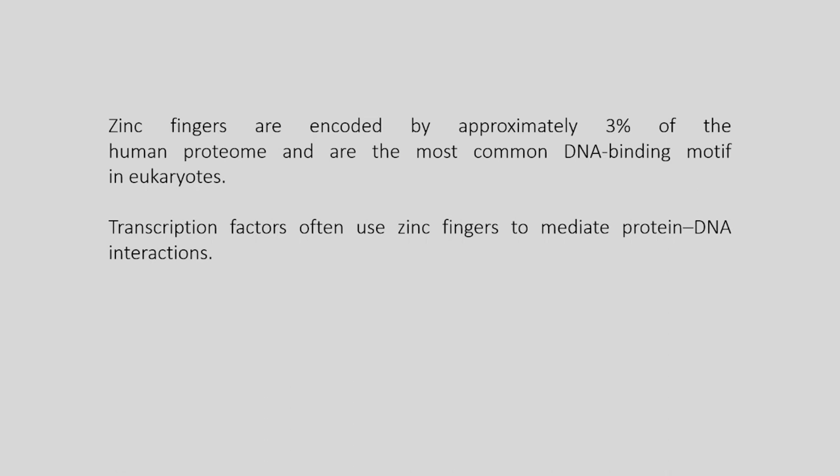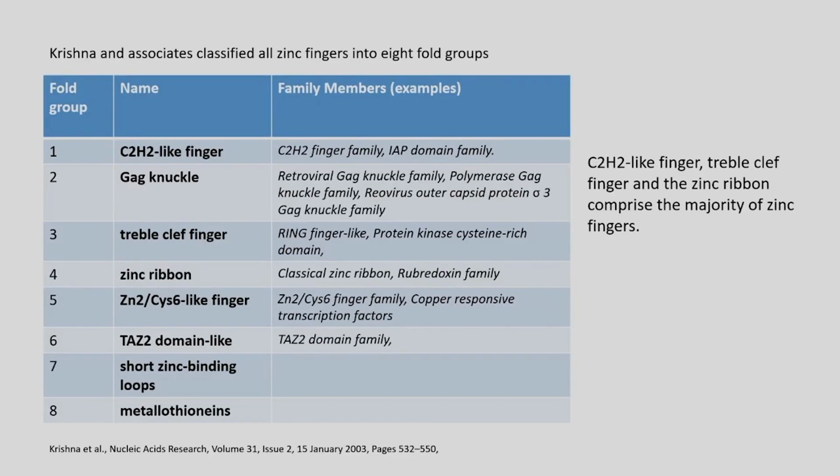Transcription factors often use zinc fingers to mediate protein DNA interactions. Krishna and associates classified all zinc fingers into 8 fold groups, and you can see here the 8 different fold groups, having been given different names.